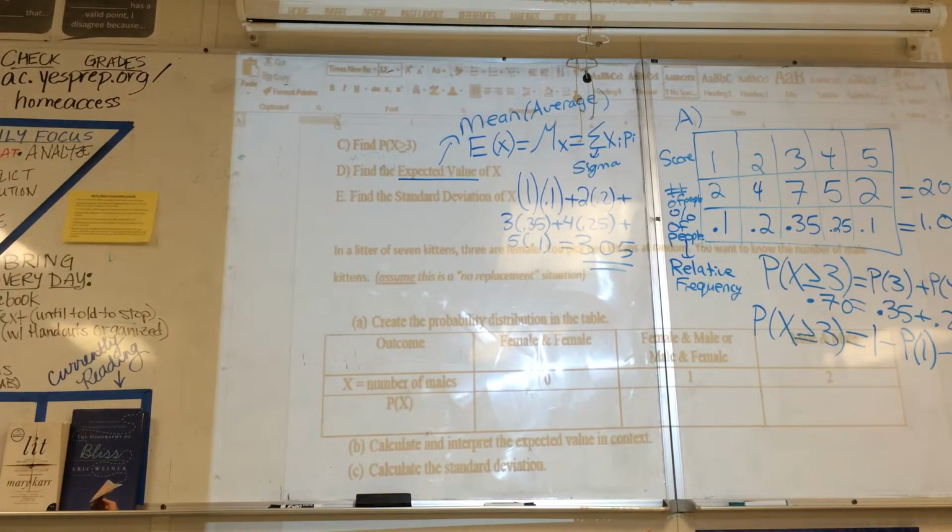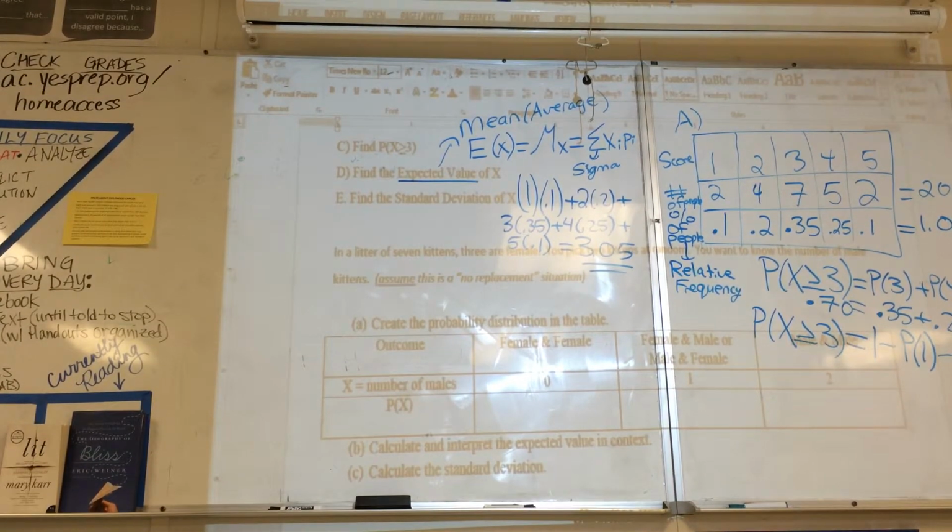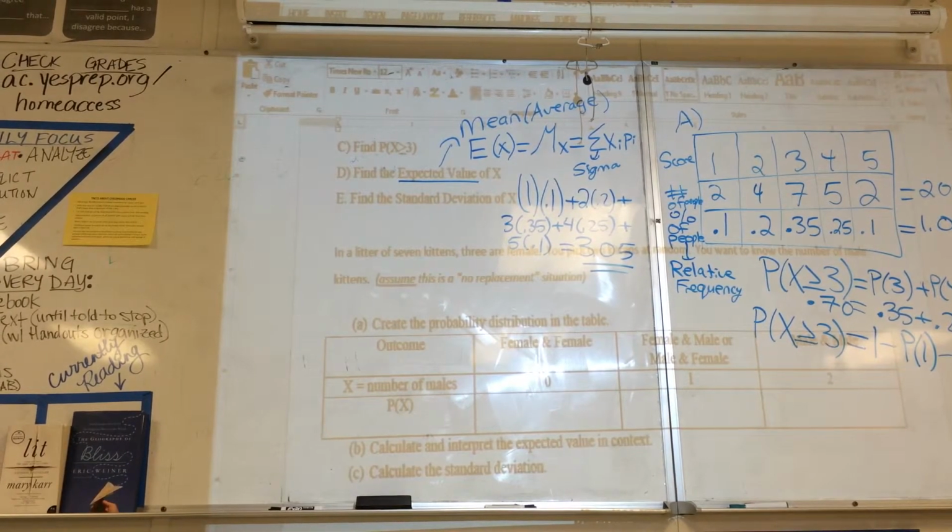Now on the Inspire, hey guys, can we turn the calculator on, please, for Inspire? Okay. Click New Document. You don't really care about saving. Then you want to go to Lists and Spreadsheets.